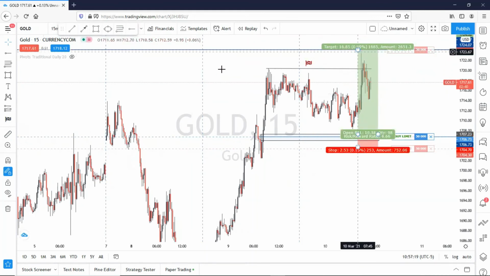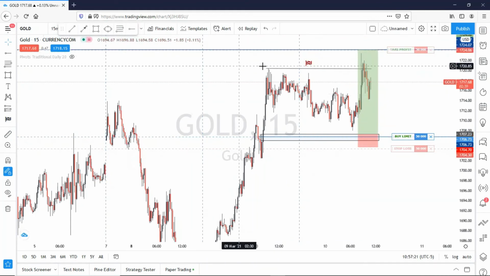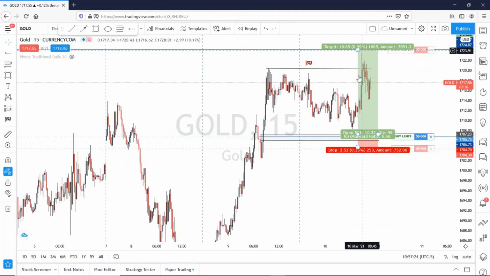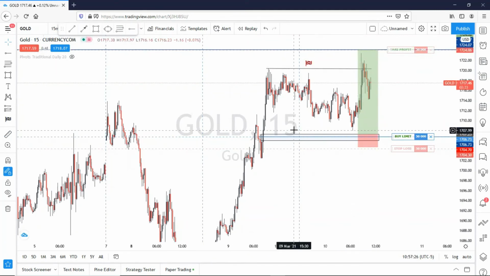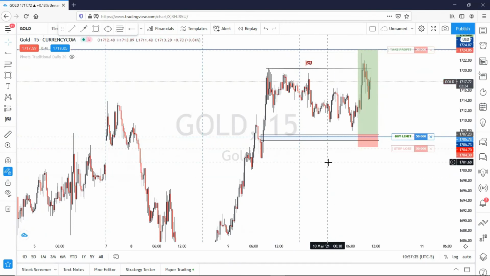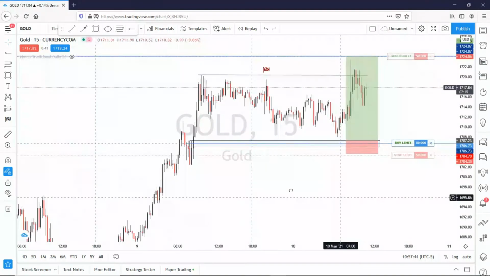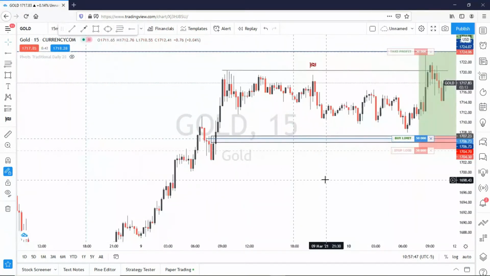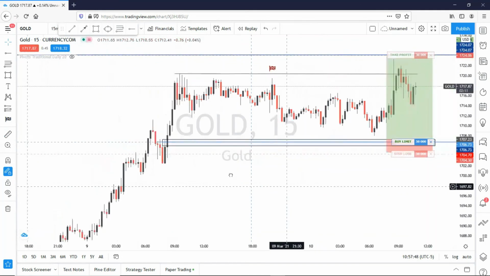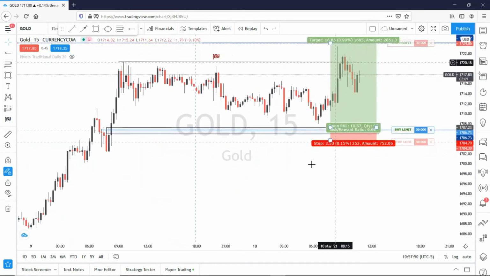But if we were to trade this normally, we would have been in at a higher price. But for the purpose of precision, we had to take a lower price, and that didn't get filled. And these are some of the things that you would have to face as a trader, trading Forex or trading the markets.